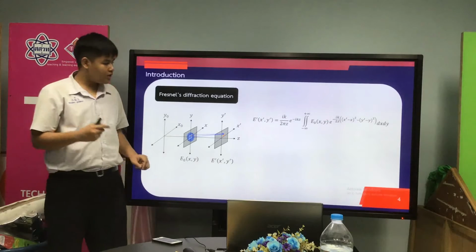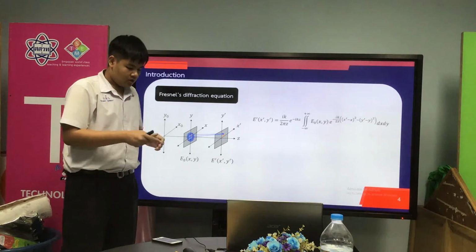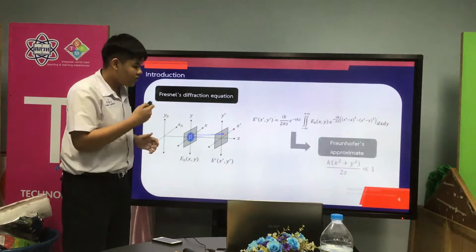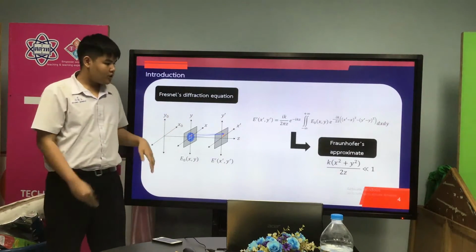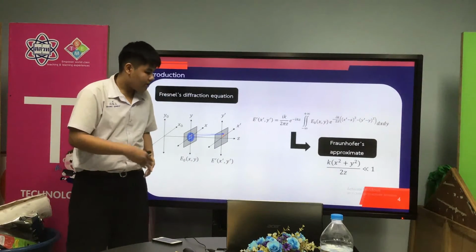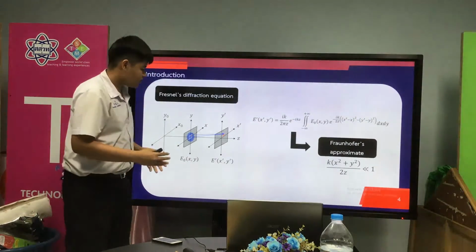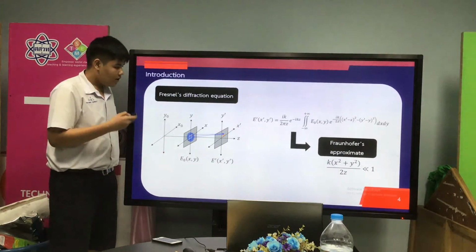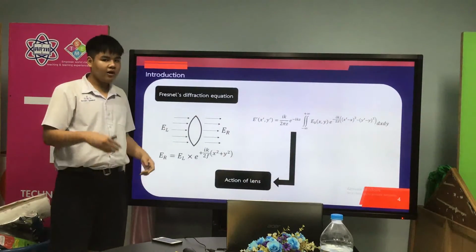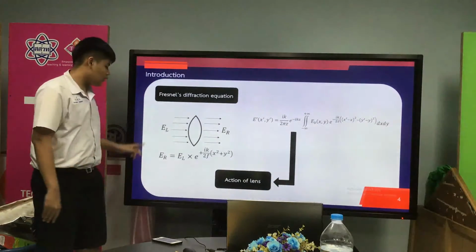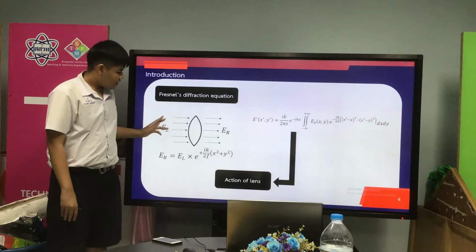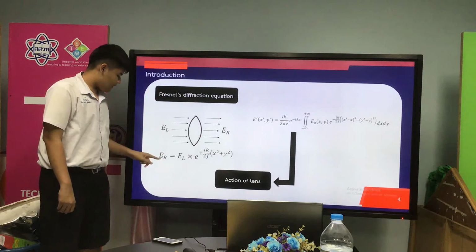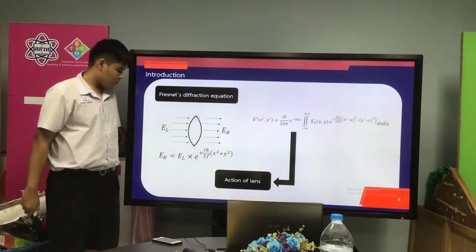From this equation, you will see the integration in the exponential, and I will use the Fraunhofer approximation to make the terms of x squared and y squared easy to consider. In this picture, you will see the blue circle, which is the lens. Normally, the lens affects the electromagnetic field on the left side and the right side of the lens, as the field travels through and out. This equation explains that relation.